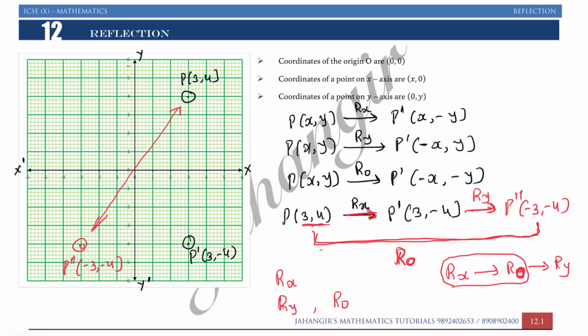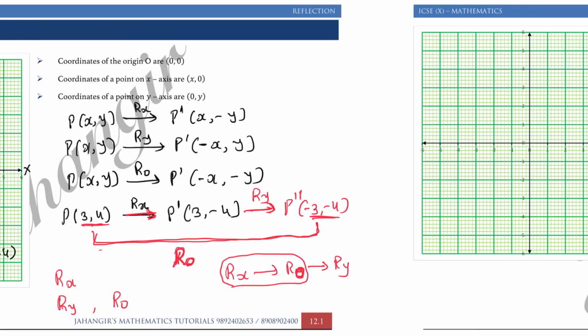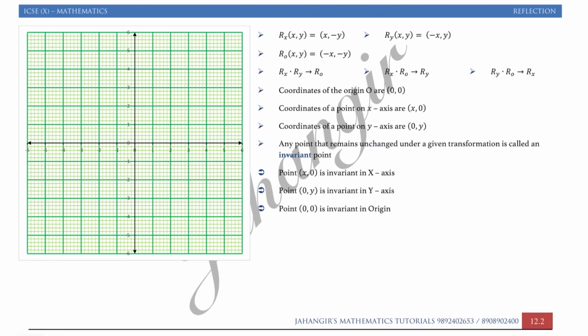You can just check the coordinate. Which coordinate has changed sign? Both coordinates. So it is reflection in origin. See, these are the formulas that you have to remember. Reflection in x-axis: when x comma y is reflected in x-axis, the y coordinate changes sign.